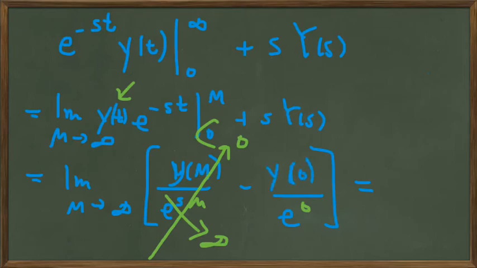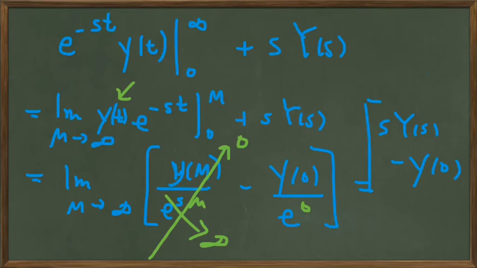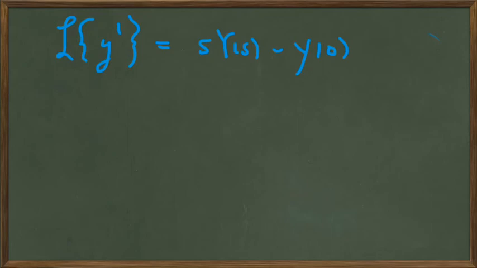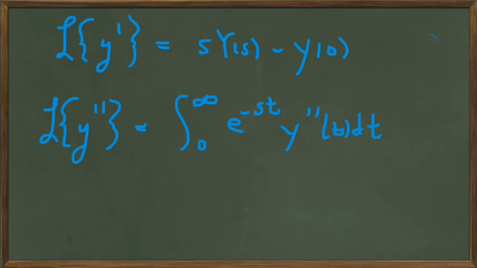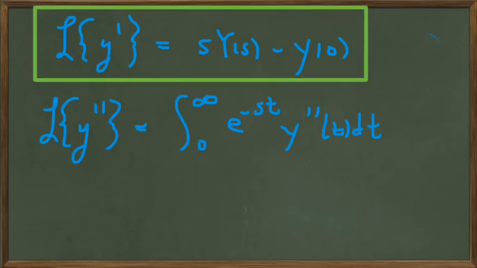So what we get out of this is minus y of 0 coming from this expression, and that gives us the s y of s, which was this term, and then minus y of 0 over e to 0, so minus y of 0. So here we have that designated.